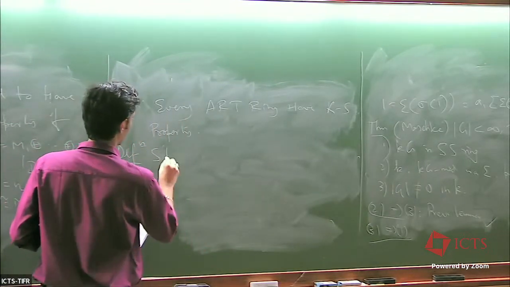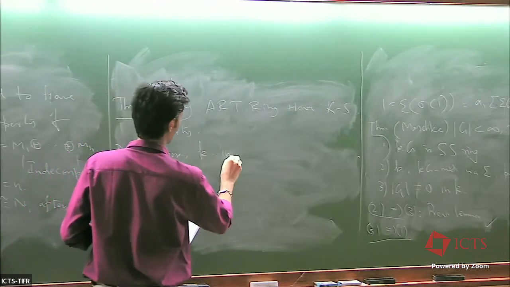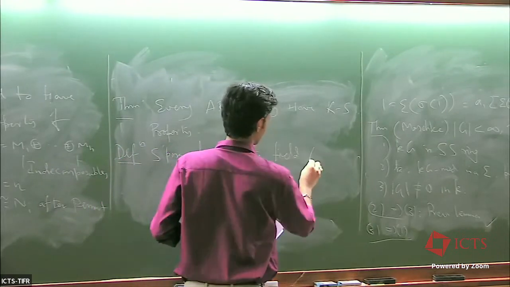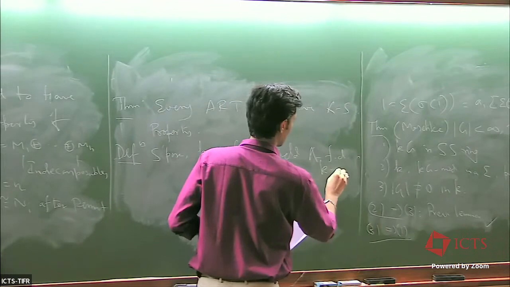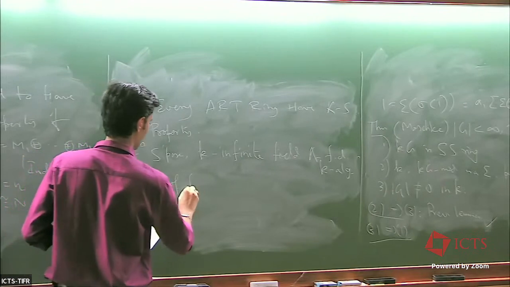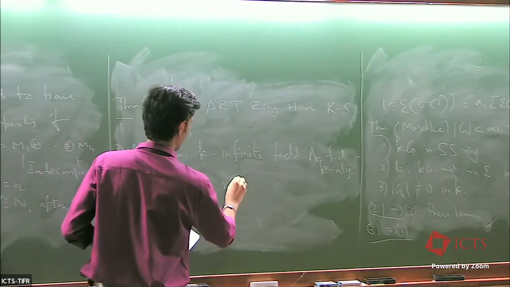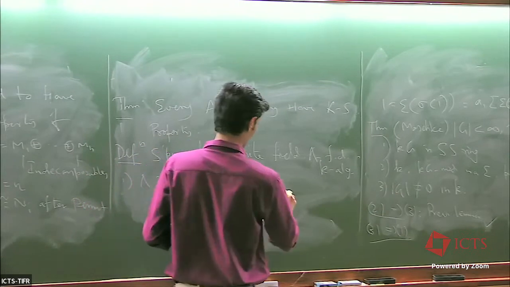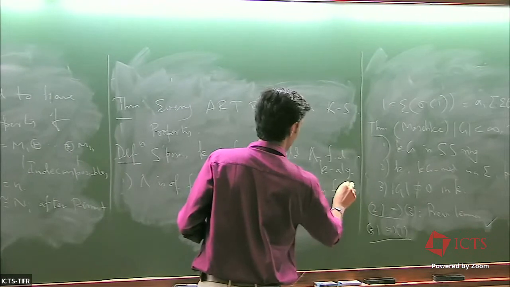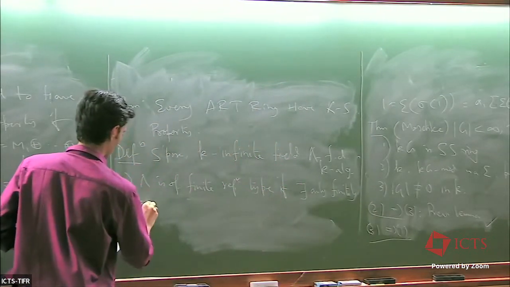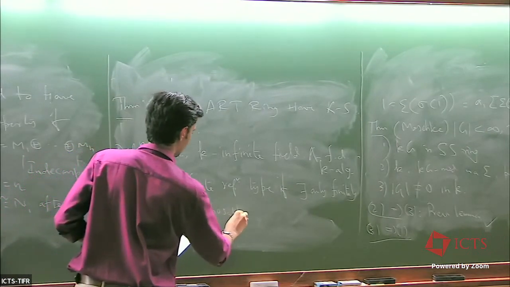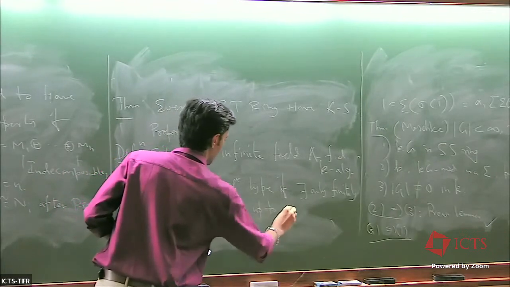Okay. So therefore, the following definition. Suppose K is an infinite field and lambda is a finite dimensional algebra. Then lambda is of finite representation type if there are only finitely many indecomposables up to isomorphism.